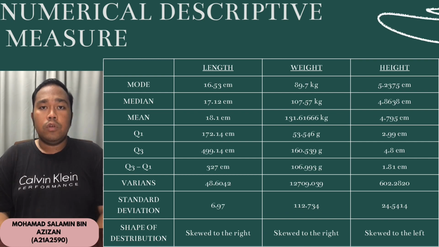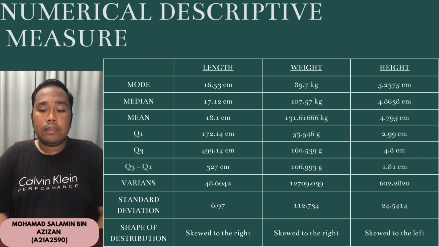We go on to the weight. The mode for weight is 89.7 kg. The median is 107.57 kg. The mean is 131.61666 kg. Quartile 1 is 53.546. Quartile 3 is 160.539.